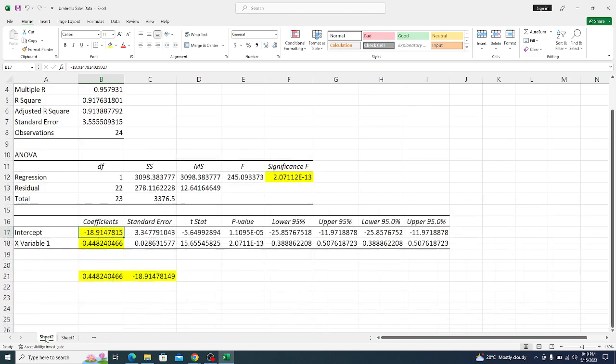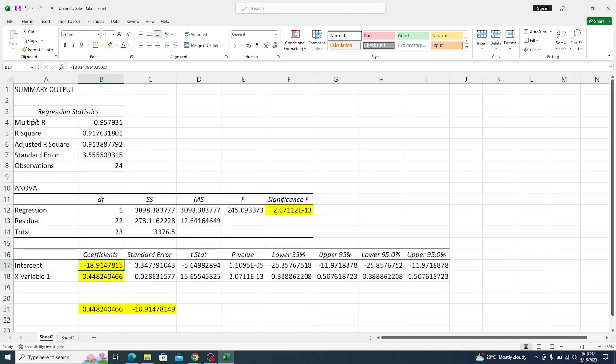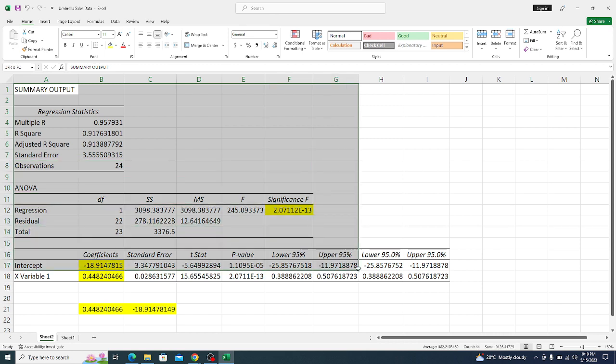But it's always good to use the regression analysis using the analysis tool pack. It is really presentable, and from it you can get more insights from the analysis.